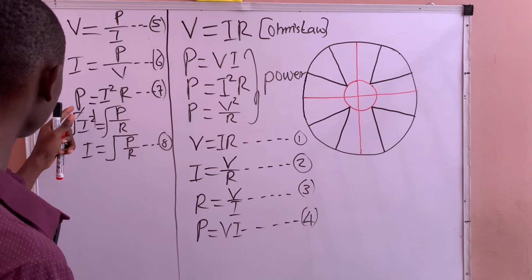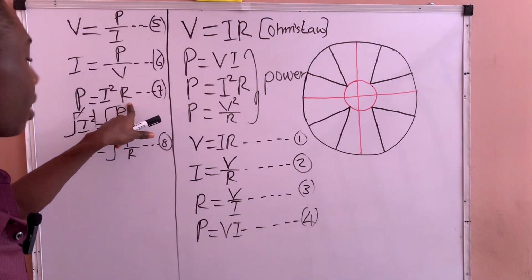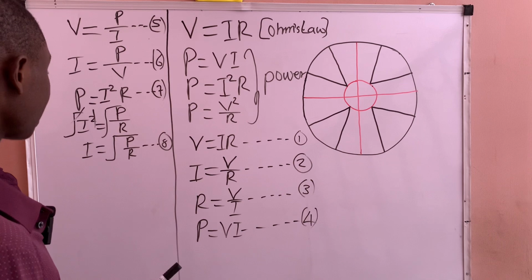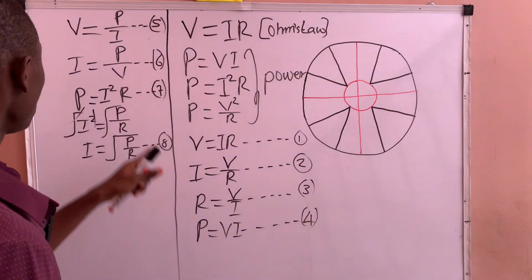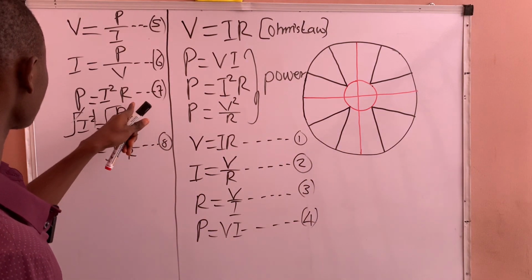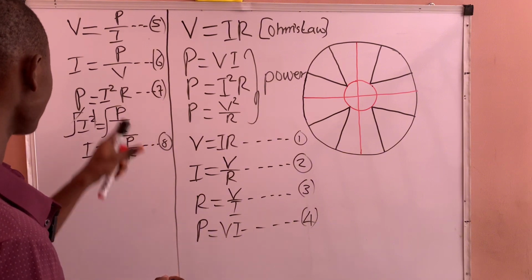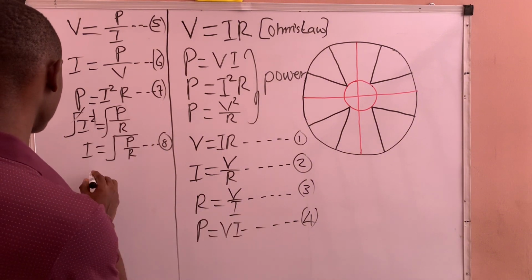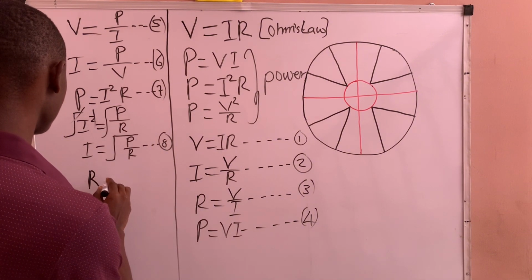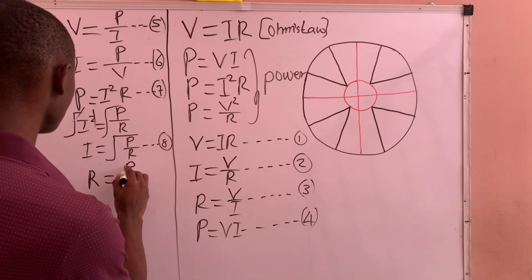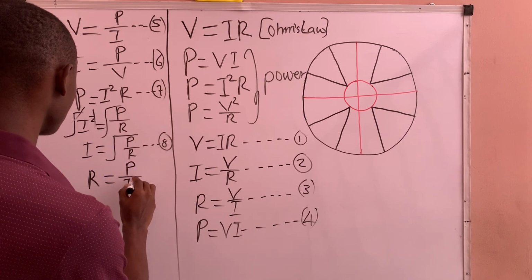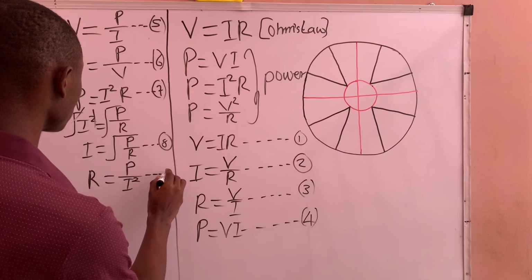Now we are going to make R the subject of the formula. By making R the subject of the formula, we will divide both sides by the coefficient of R, which is I squared. So we have that R will be equal to P divided by I squared. Call this equation 9.